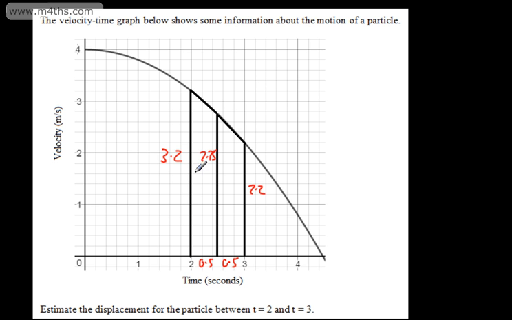So the area of the first one is just going to be 3.2 plus 2.75 divided by 2 multiplied by 0.5. This one just here is going to be 2.75 plus 2.2 divided by 2 multiplied by 0.5. And if we added those up, we would see a greater increase on the displacement, the distance covered.